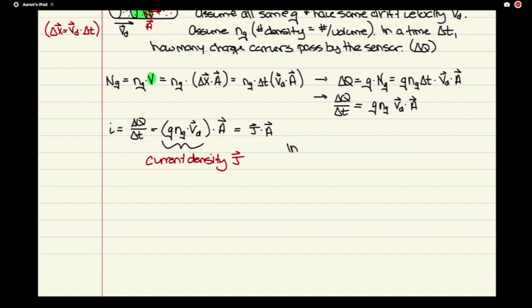Actually, in general, in this case, I had a fixed cross-sectional area, and we made a couple assumptions. Really, by stating that the charge density was a constant throughout the entire tube that was drawn above, I did not have to consider that there might be different amounts of charge going through different parts of this cross-sectional sensor area A. So in general, we just say that rather than I is just J dot A, the more general version is I is J dot dA.